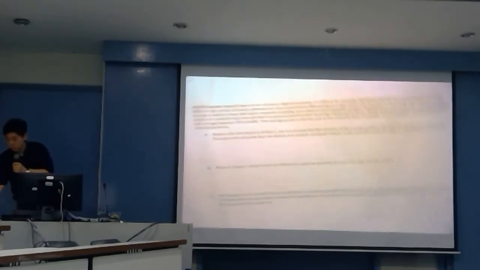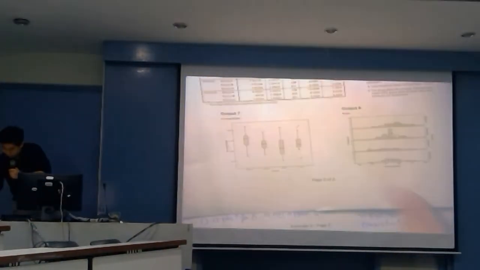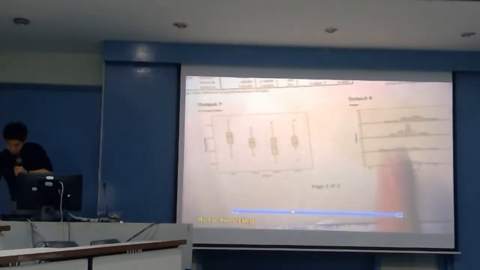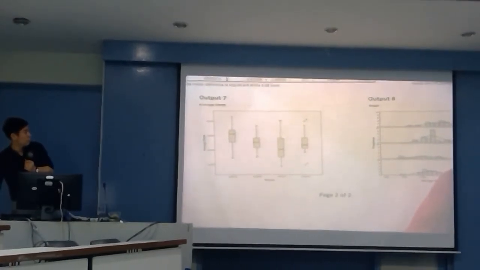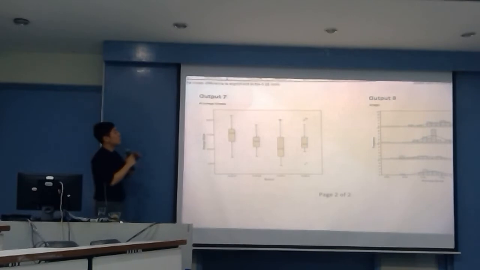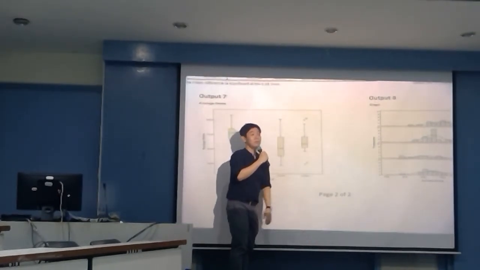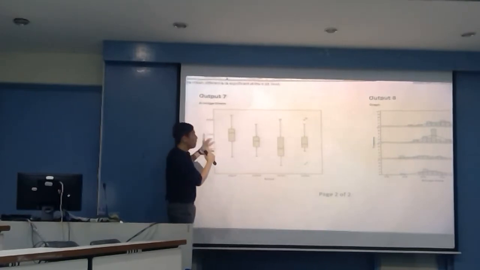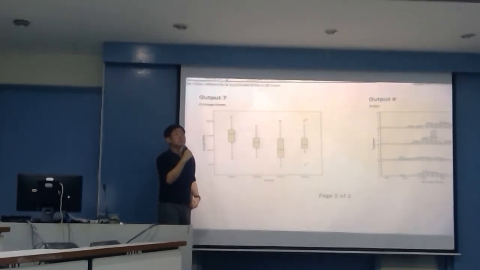Alright? To make it simple, just look at this output. Maybe take a look at this graph first. Output 7. Now we have 4 schools, A, B, C, D. This value here is a score, right? The score of the GPA from the first year, all right?